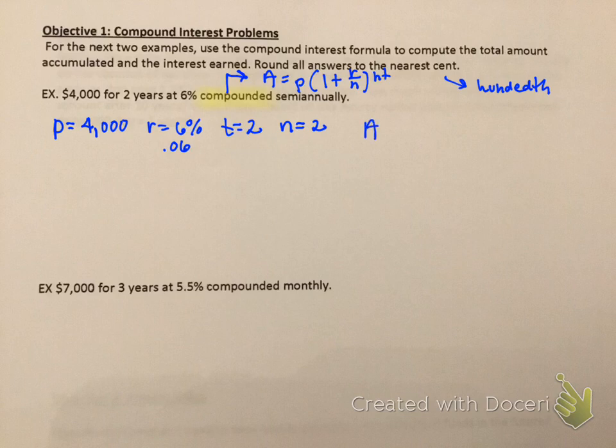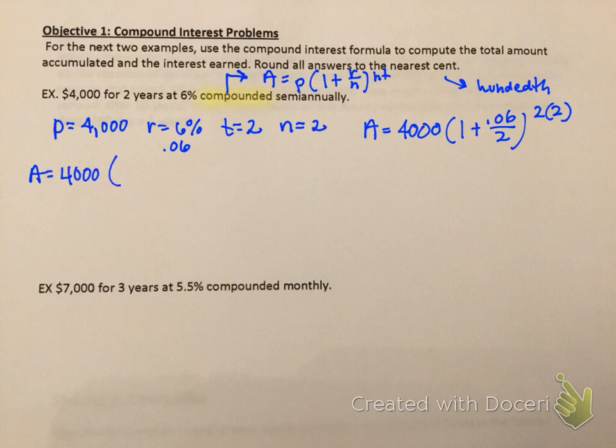So amount equals 4,000 times 1 plus rate, 0.06, over N, which is 2, raised to the N, which is 2, times time, which is 2. Okay, what I'm going to do is simplify that exponent. So I'm going to write this down as A equals 4,000 times 1 plus 0.06 over 2 raised to the 4th power. Now I'm ready to work with this.